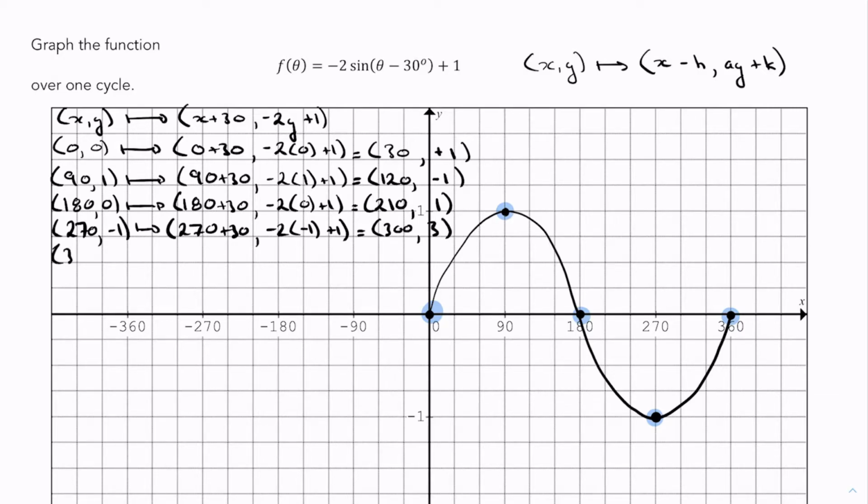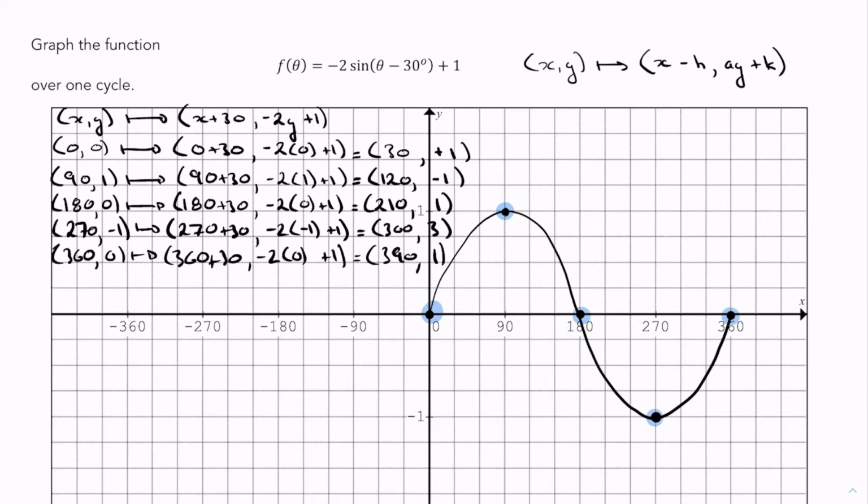And lastly, we have 360, comma, 0. That'll map us to 360 plus 30, comma, -2 times 0 plus 1. And that'll bring us to 390, comma, +1.